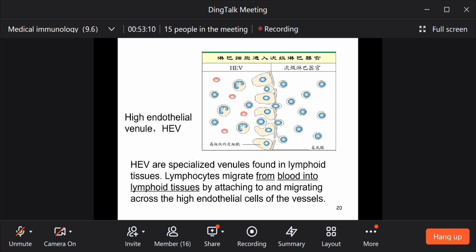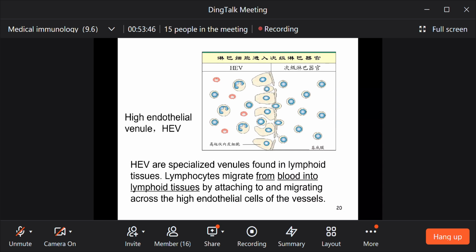And in the lymph node, a very important blood vessel is named the high endothelial venule. We also call it the HEV. The HEVs are specialized venules found in lymphoid tissues.